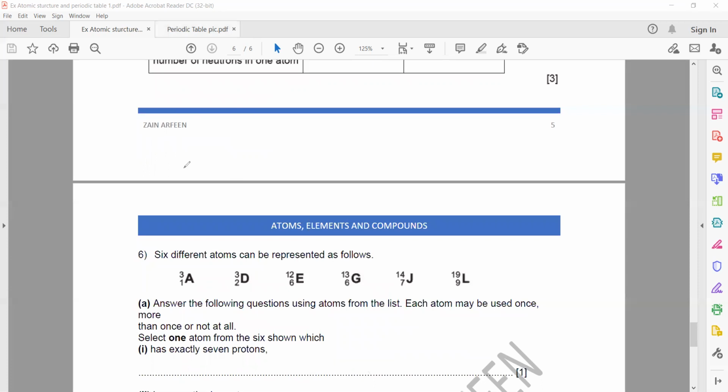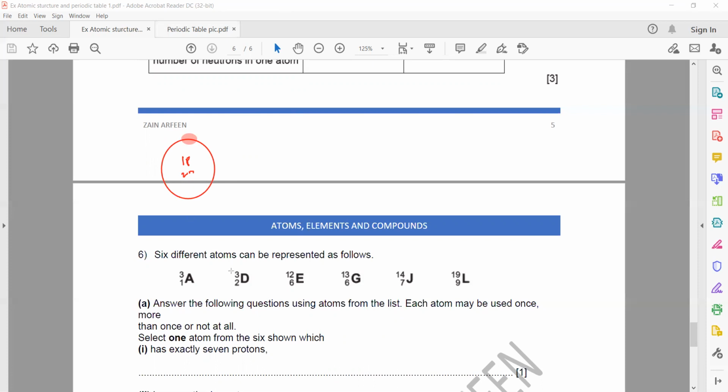A is having one proton, it is having two neutrons, and in the first shell it is having one electron. So it is not having a complete shell, so it is not a noble gas or group 8 or 0 group.